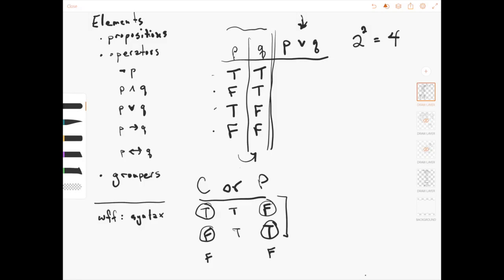But then if you have neither, it's not true that you can have cake or pie. But the question really comes down to what happens if you try to have both. With the inflection, the answer is false. In other words, I'm not allowing you to have both.